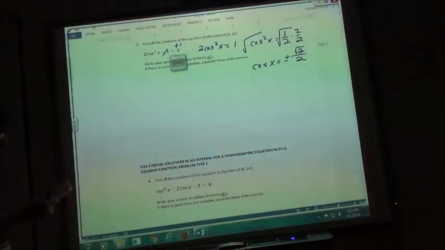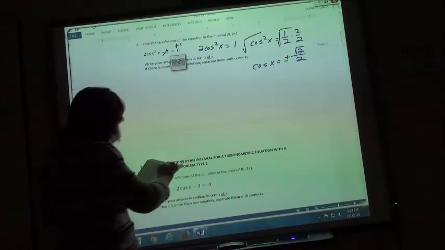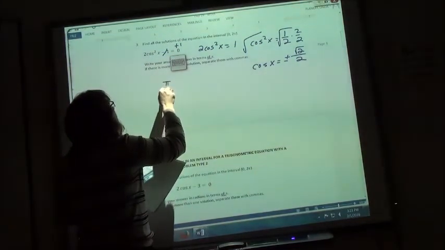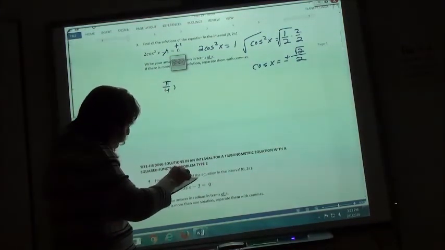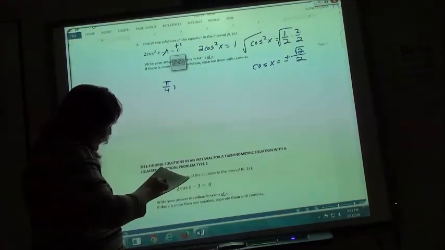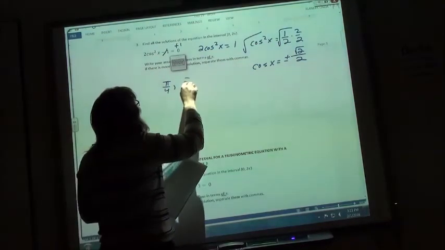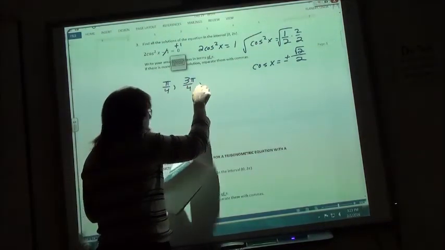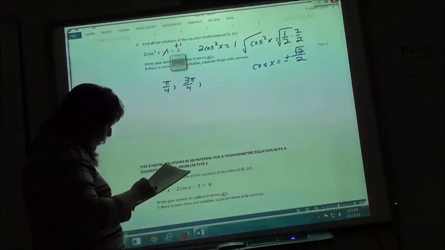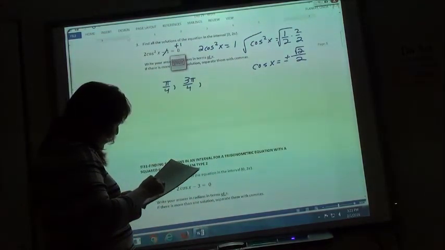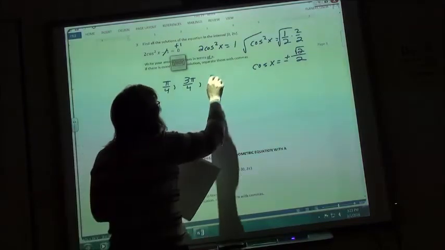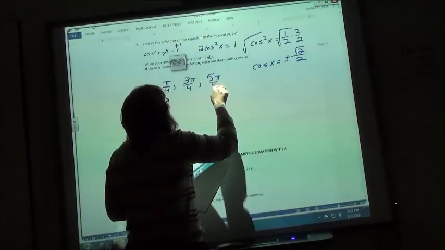So underneath the cosine column, cosine square root of 2 over 2 is at pi over 4. Then I have a negative square root of 2 over 2 at 3 pi over 4. Then I have negative square root of 2 over 2 at 5 pi over 4.